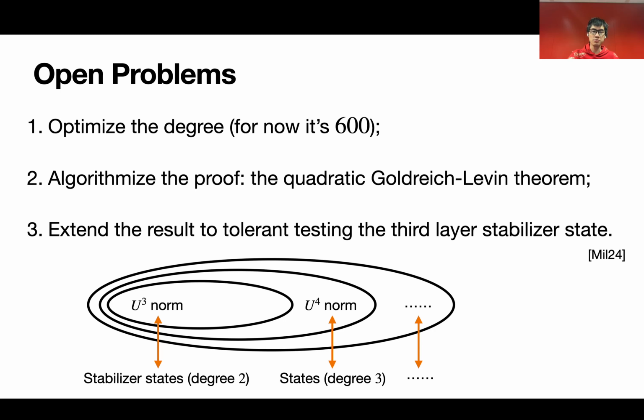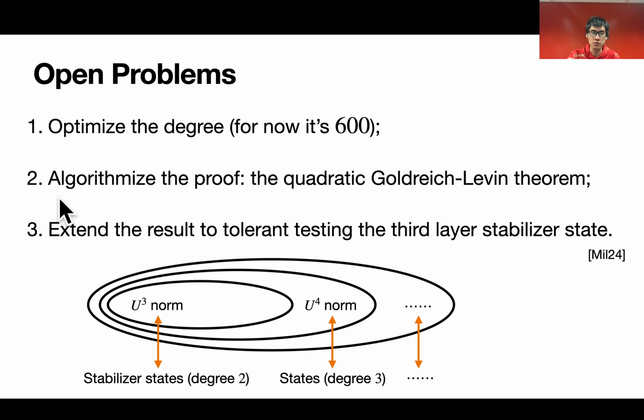So let's talk about the open problems a little bit. First, because we have a polynomial relation, epsilon 1, epsilon 2, but the degree is quite large, the first open question will be to try to optimize the degree. For now, it's 100. The second question is that our proof is an existence proof. It's not constructive. Maybe it's kind of constructive, but we cannot find an algorithm to explicitly get this constant.